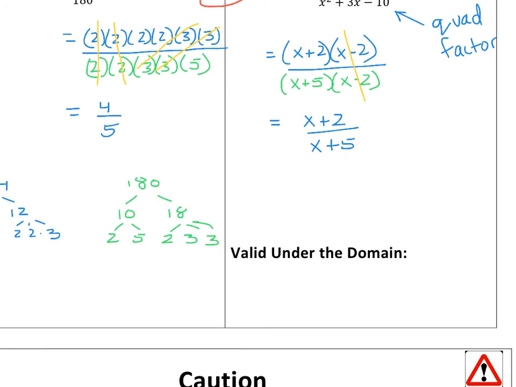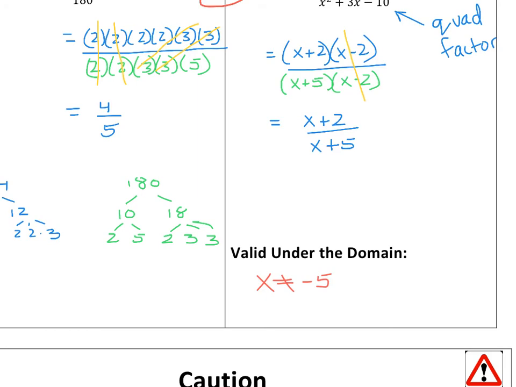I can't have this expression be valid for all real numbers because there are numbers that are going to result in 0 in the denominator. And hopefully you can spot one right away. So I'm going to write here that the domain x cannot equal -5. I think you can see that if we have a -5 here, then my denominator will result in 0.